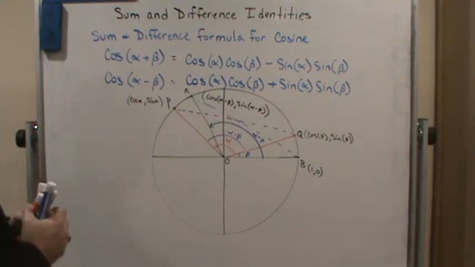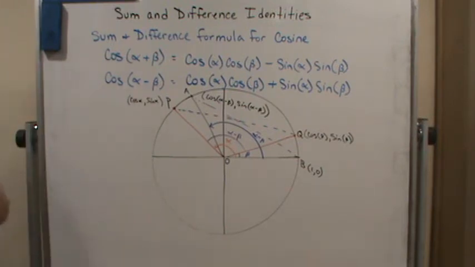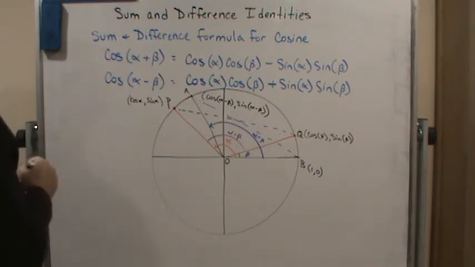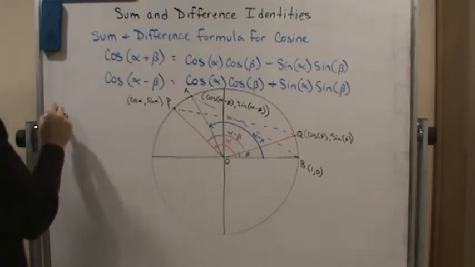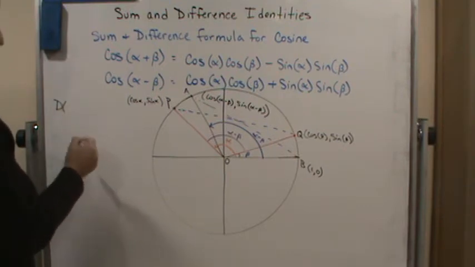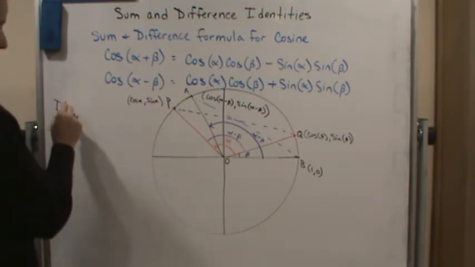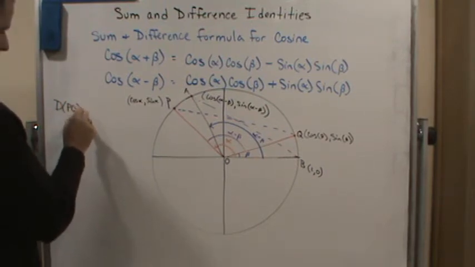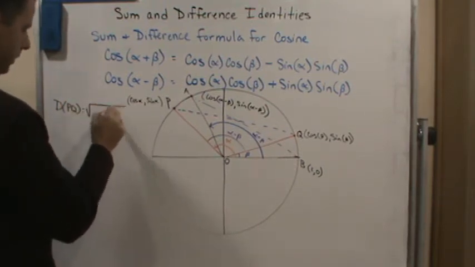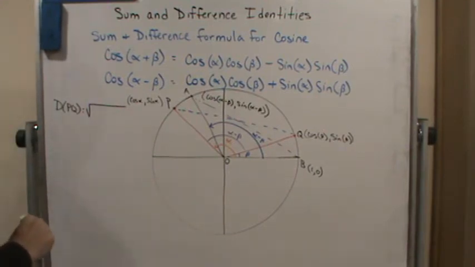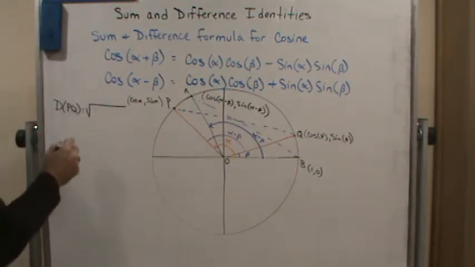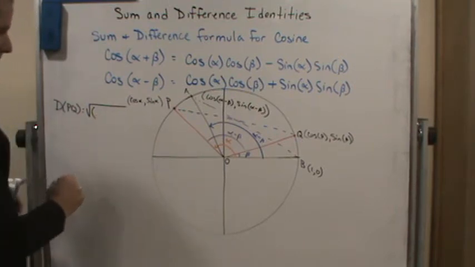Okay, now that we've got everything labeled, it's just a matter of using the distance formula. So let's do the distance PQ. It's going to be the difference in the x's squared, right?